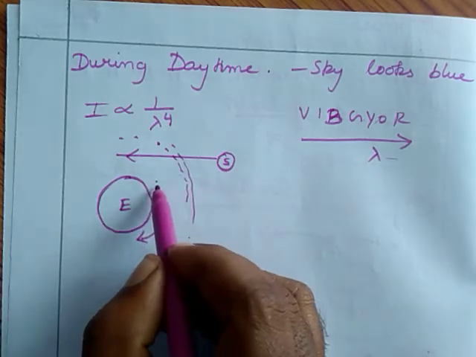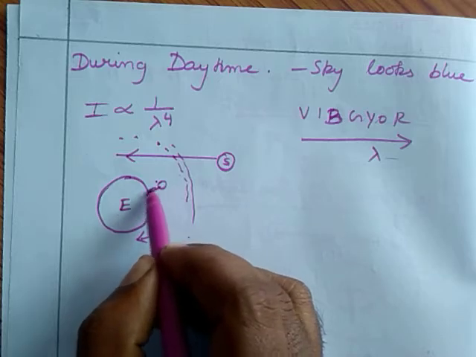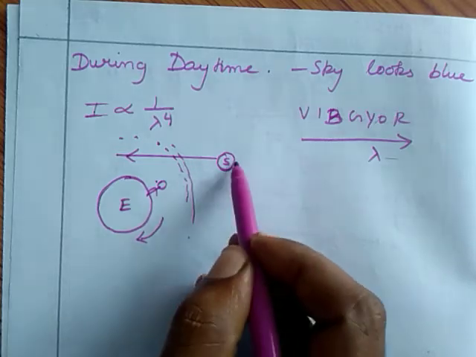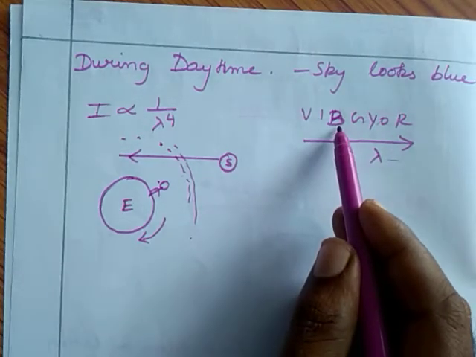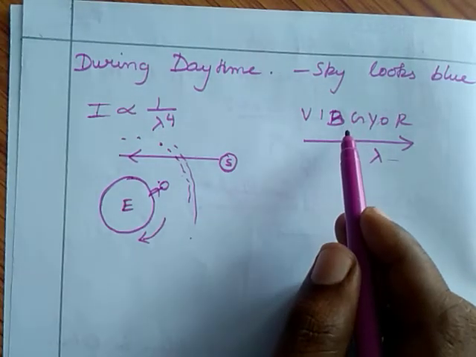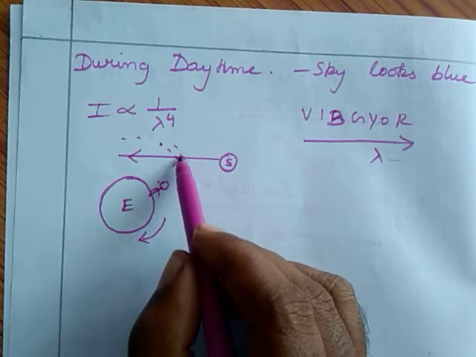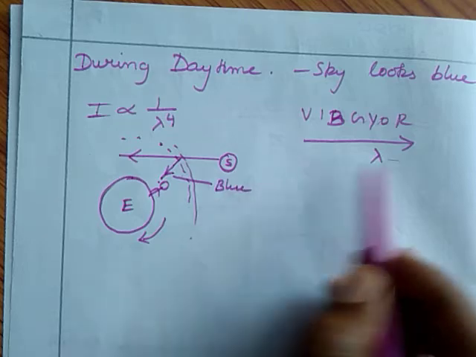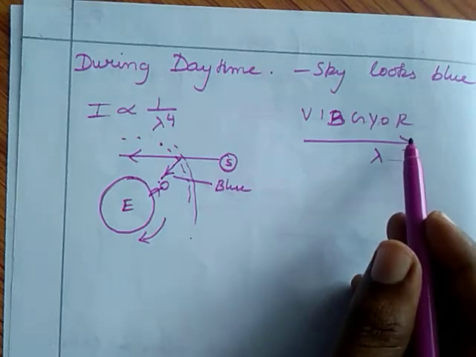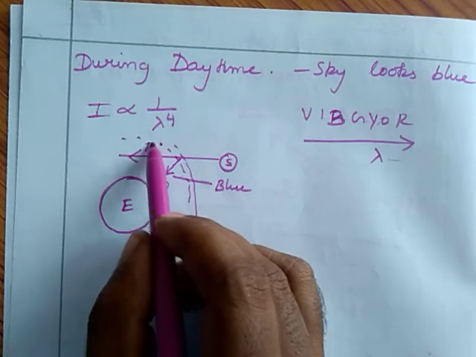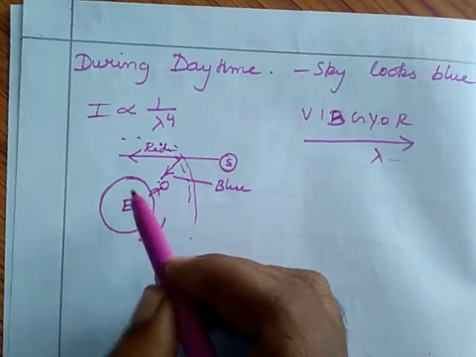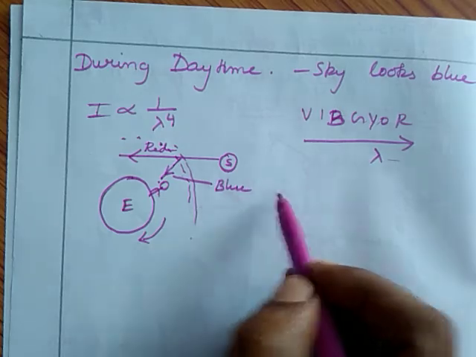Here there is an observer. He looks at the sky. At that time, blue has the shortest wavelength, so it is scattered more. It is blue. But red, which has the longest wavelength, is least scattered. Here this is red. So when the observer looks at the sky, it will look blue in color.